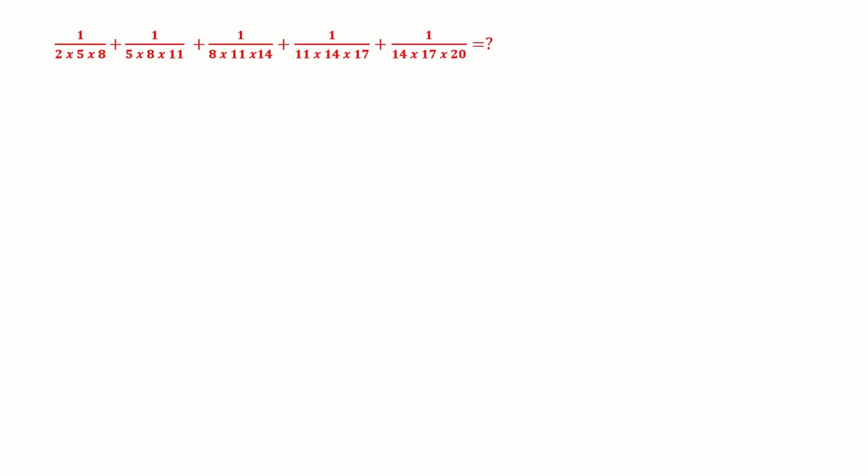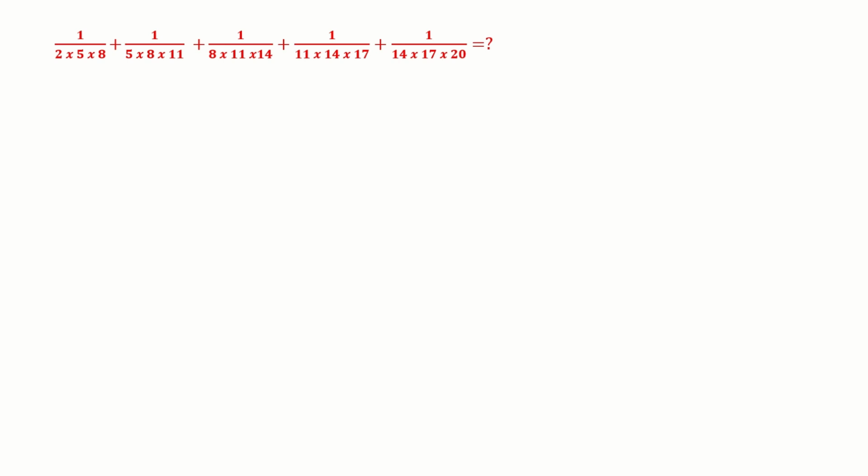Now let's extend this problem to the series where the denominator has a product of three numbers, as shown in this. Okay. The common thing between this series and the previous one is the denominator has a product of three numbers.